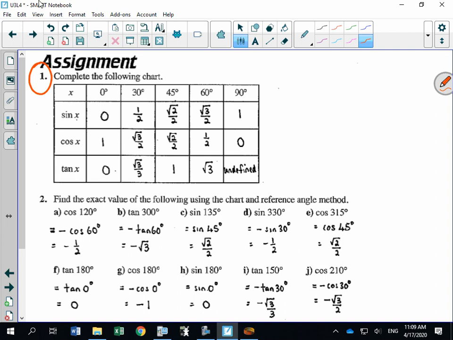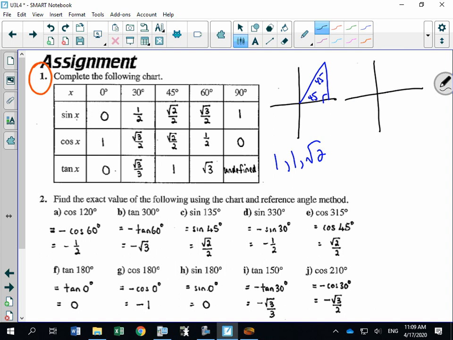When you complete this chart, I want you to draw off to the side your 45, 45, 90 and see if you can label 1, 1, root 2. You have to memorize that. Then draw off to the side in your homework a 30, 60, 90 triangle, and you have to memorize 1, 2, root 3.